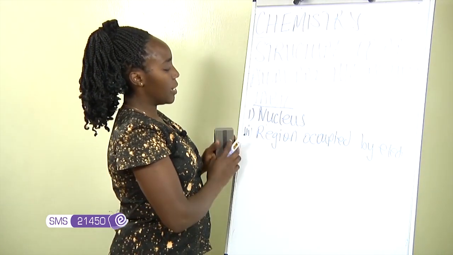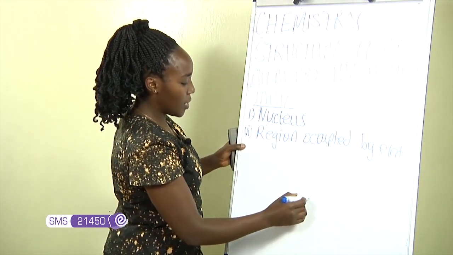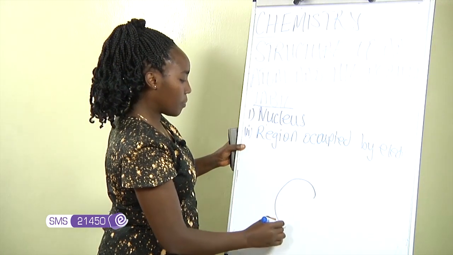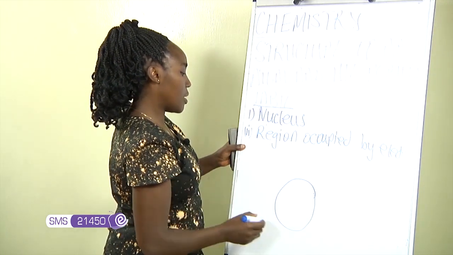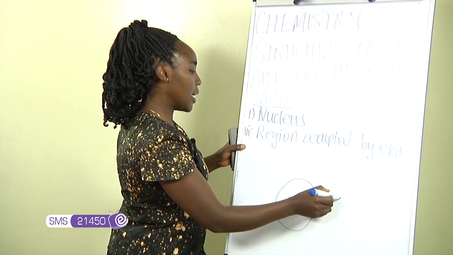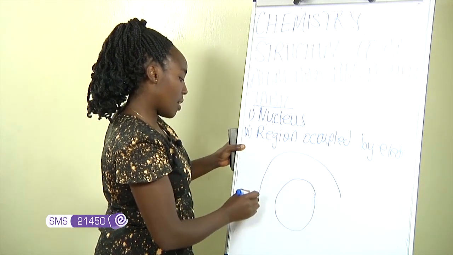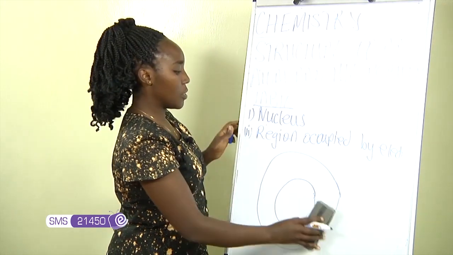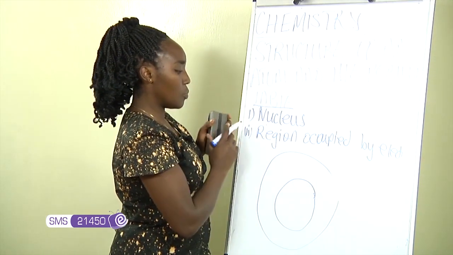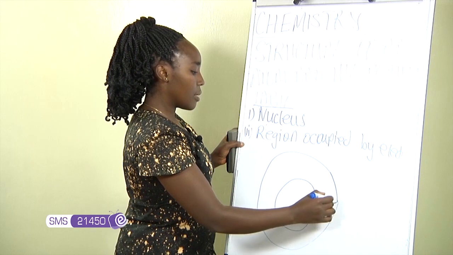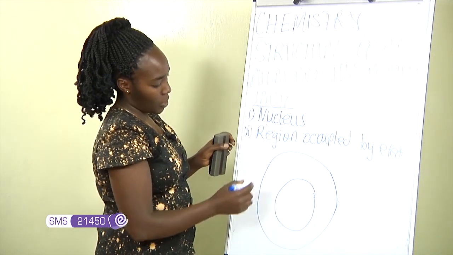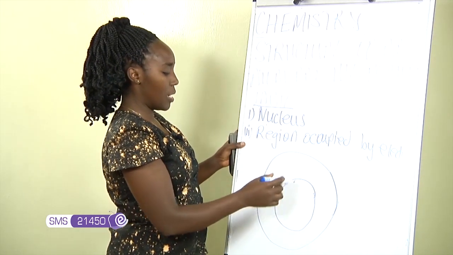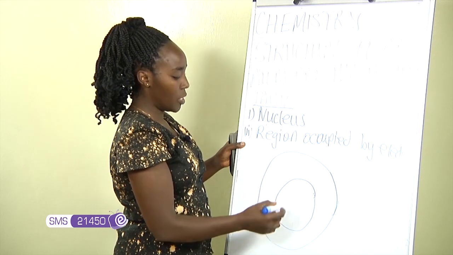Diagrammatically, we can represent the structure of an atom this way. The innermost part is what we are calling the nucleus, and we have an outermost region. And the outermost region is simply a region which we call the shells. So the shells simply are to the outside, and we have the inner region which we call the nucleus.